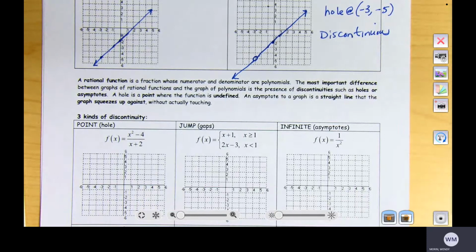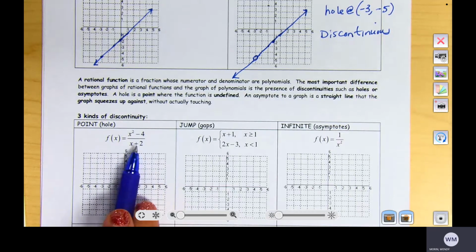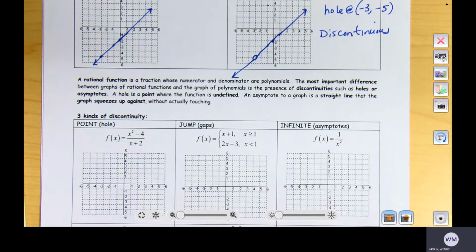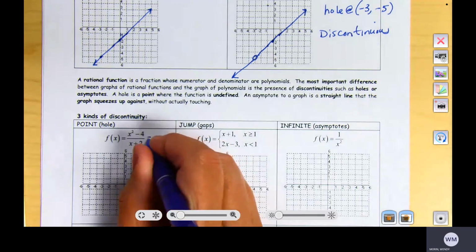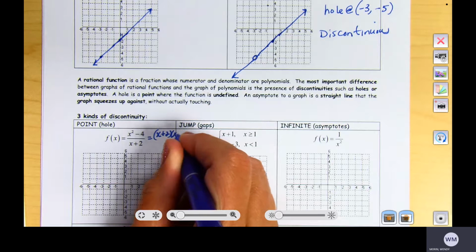Okay, so let's go ahead and take a look at this graph right here. We know x cannot equal -2. Let's reduce this. Now we could do long division and synthetic division if you wanted to, but I would always try to factor first, because that would save us a lot of time.